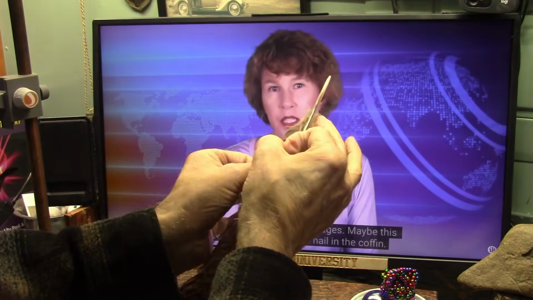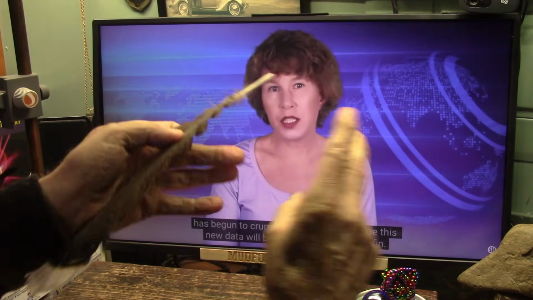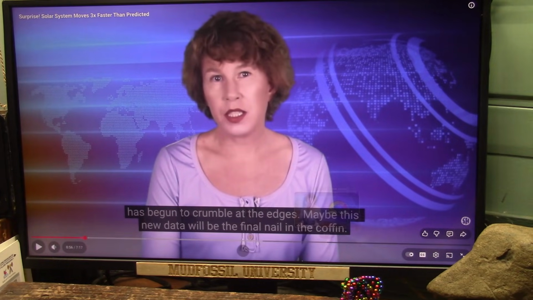Everything is being pulled away from everything else. Well, that would make us the center of the universe because it's going that way, it's going this way, it's going that way, being pulled away from us. How is that possible? Oh, well, we could be the center of the universe, but I would sort of doubt that. All right, let's see what she has to say for the final nail in her coffin.